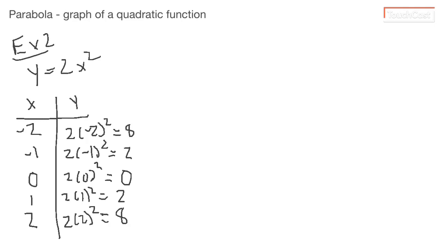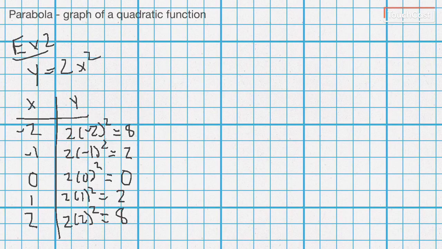So now we're going to pull up a little graph and plot these points. So I've got my x-axis, my y-axis. I have negative 2, 8. So I plot my first point.